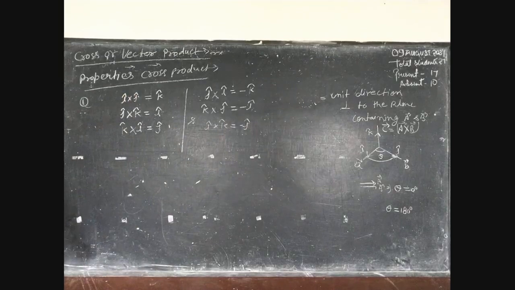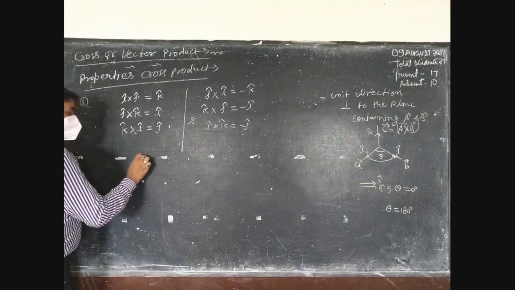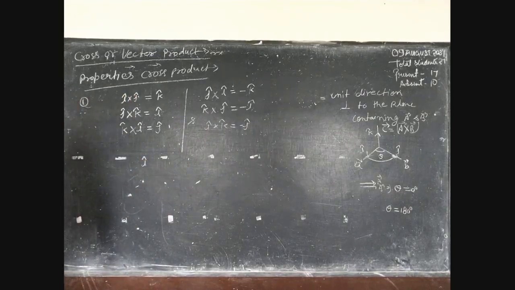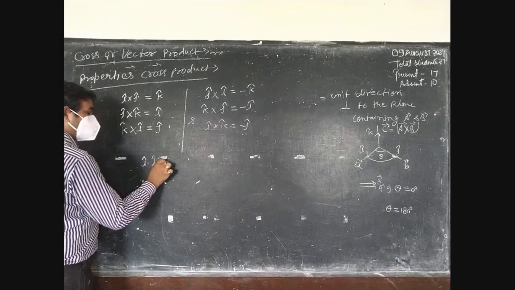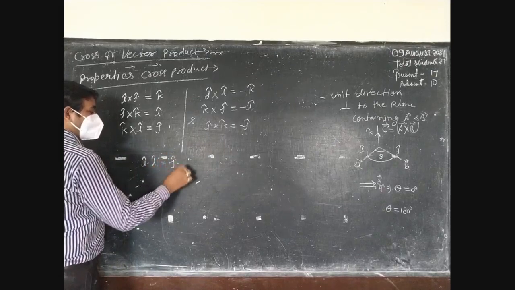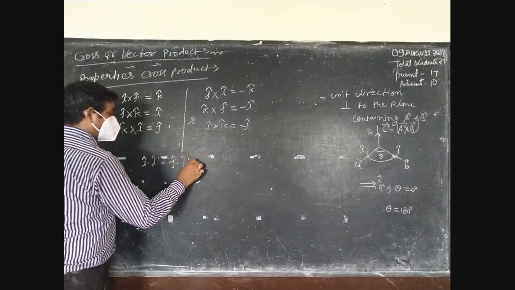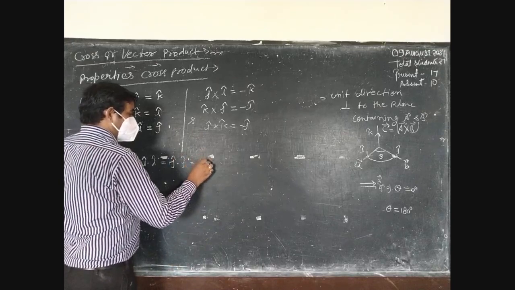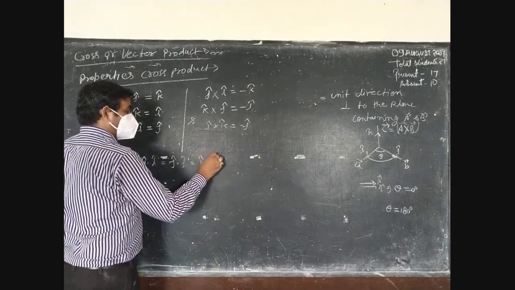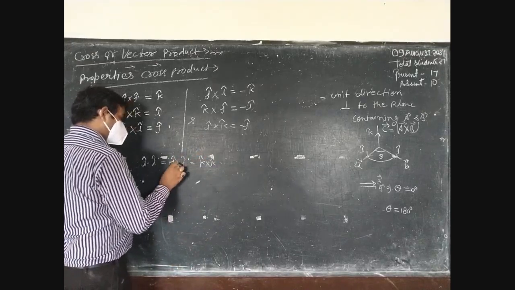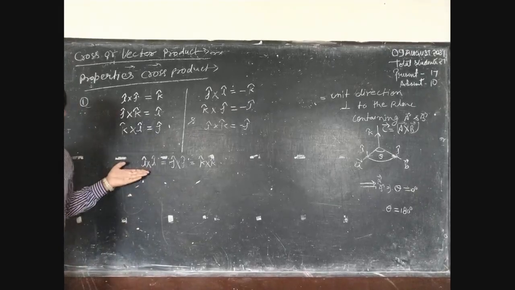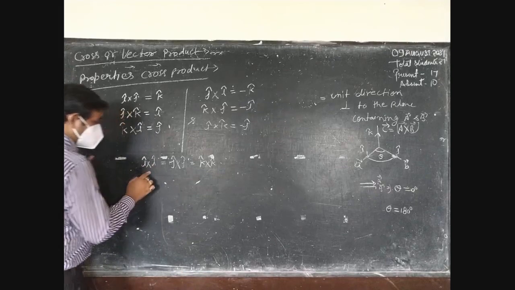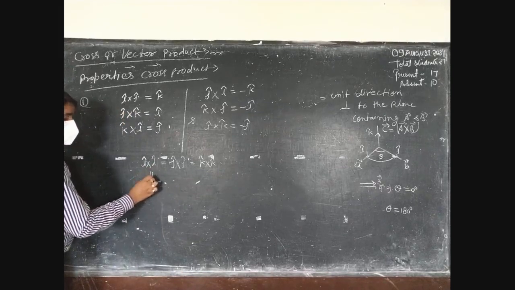Another, that i cap cross i cap equals j cap cross j cap equals k cap cross k cap; I used cross in place of dot. Now we get the resultant for one. For this, what do we get?